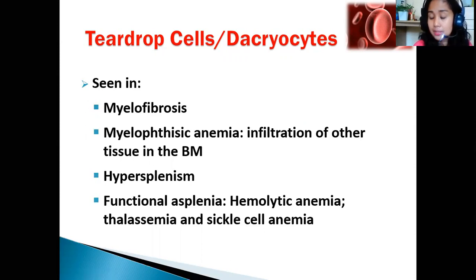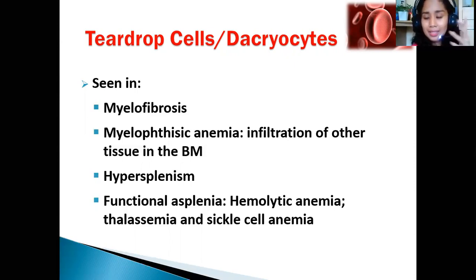Normally, cells ang laman ng bone marrow, but when you have myelofibrosis, nagiging fibrous. Puro connective tissue yung bone marrow mo. Myelophthisic anemia is the infiltration of other tissues. May pumapasok rin na ibang tissue sa bone marrow. Pag myelofibrosis, connective tissue ang pumasok. Myelophthisic, other tissues. Huwag niyo kalimutan yan, ha? Iyak ka pag may myelofibrosis ka at may myelophthisic anemia ka.